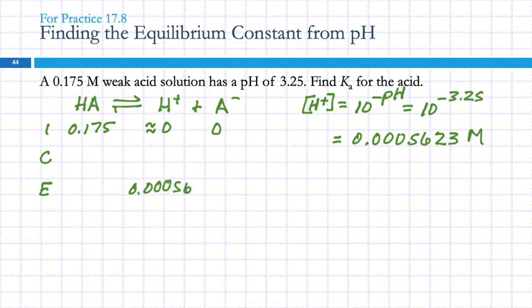Now, it doesn't always fit real well into the table. So we've got the same sort of change thing going on here. We're going to lose X here, and we're going to gain X here, and we're going to gain X there. But now we know one of the answers.